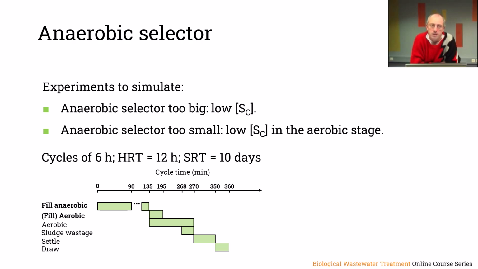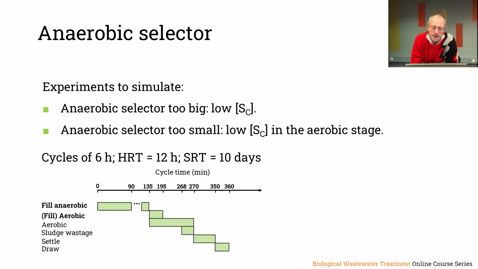They cannot grow under these anaerobic conditions, but they can take up the substrate, and if later on in the system they see oxygen or nitrate, they can start growing on the substrate taken up. But effectively in this way they also remove the substrate from the wastewater.